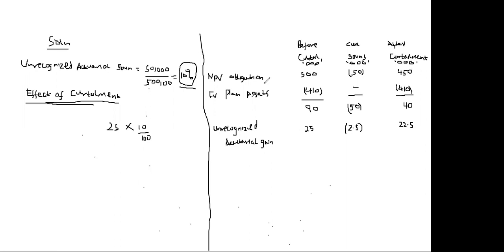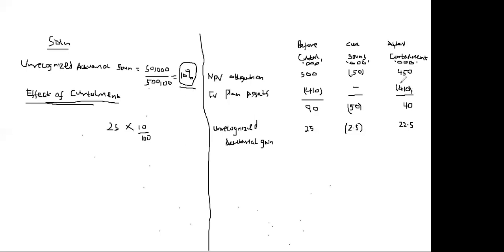450. Then we go to the fair value of the plan assets. Now, for the fair value of the plan assets, if you look at our question, then you find that the amount was 410, and that amount we just note it the way it is, but we subtract it from the net present value obligation. So for the curtailment, we have not been told about the amount that increased or decreased, so that is why we have left it blank.